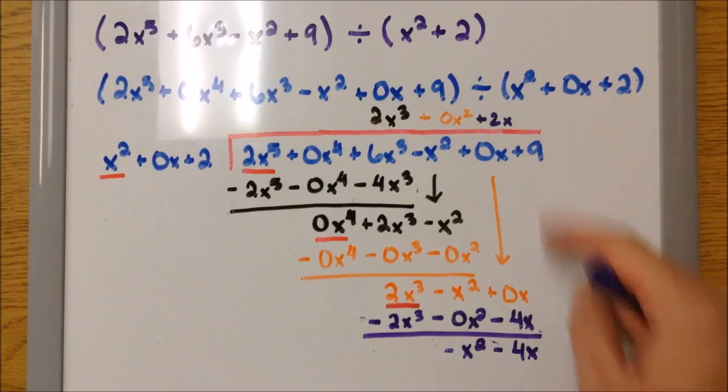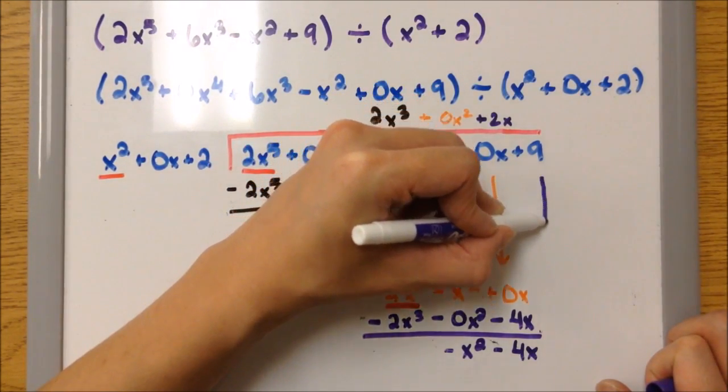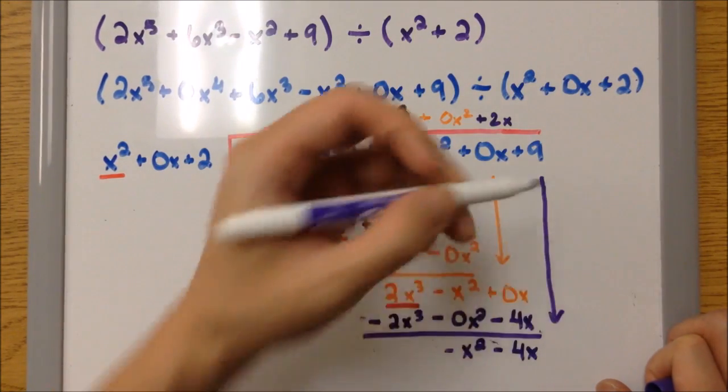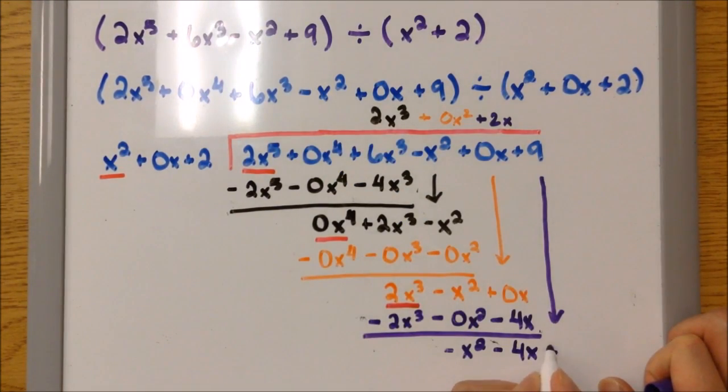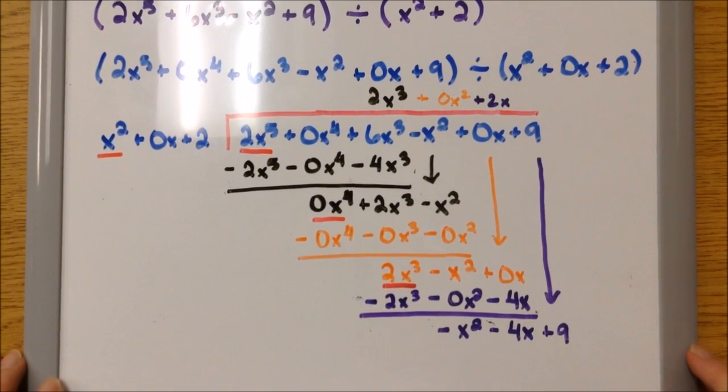And then now I'm going to bring down that plus 9. So bring it down. This is plus 9. Alright, and again this is negative. Alright, move this up a bit.